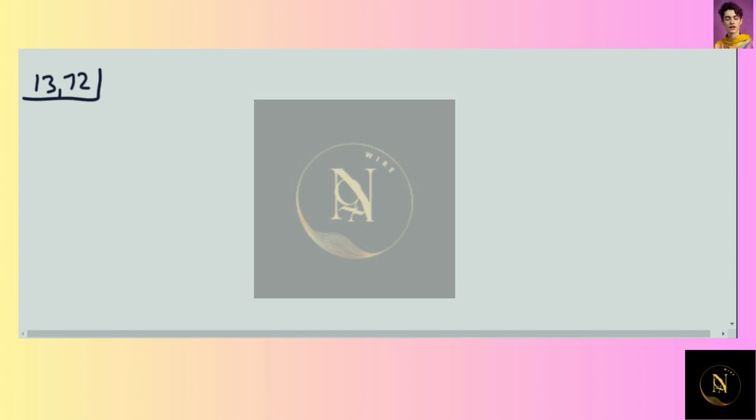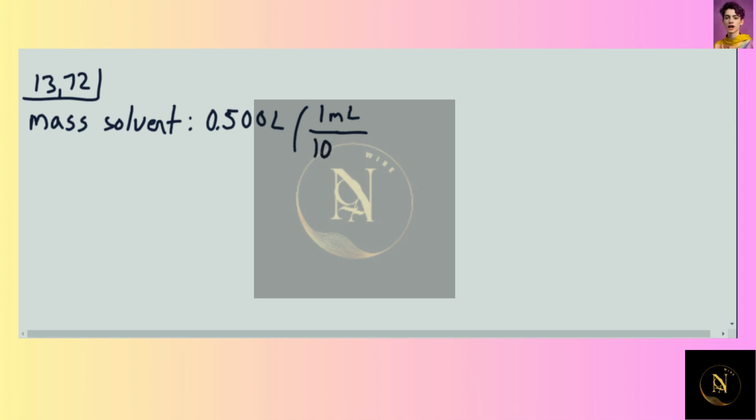So first, for molality, we need to calculate the mass of the solvent. So we're told that we have 0.5 liters. So let's go ahead and see how much mass that would be. Our density is given in milliliters, so we convert to milliliters, then we multiply by our density.